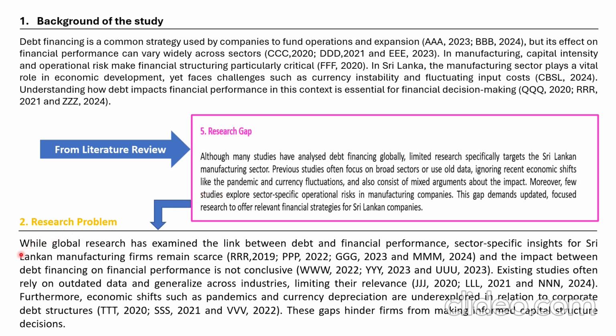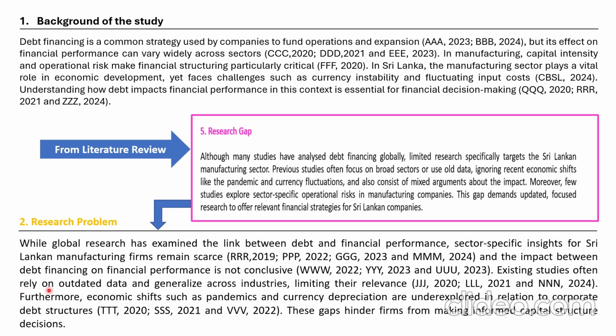Here you can see it says, while global research has examined the link between debt financing and financial performance, sector specific insights for Sri Lankan manufacturing firms remain scarce or limited. So these are the authors who stated that. And the impact of debt financing on financial performance is not conclusive, which means you may have different impacts: positive, negative, no impact, likewise.